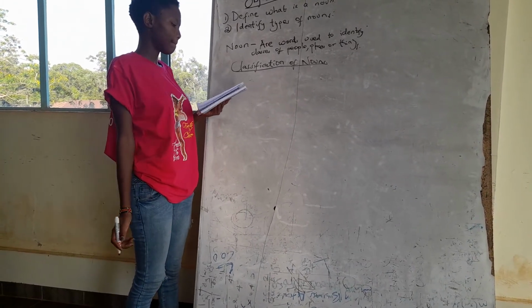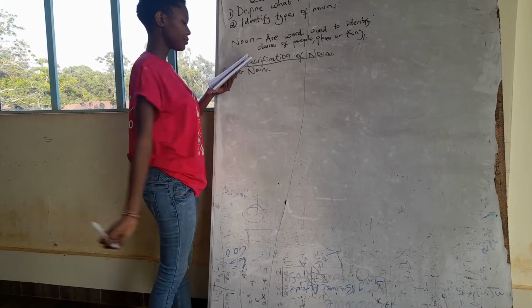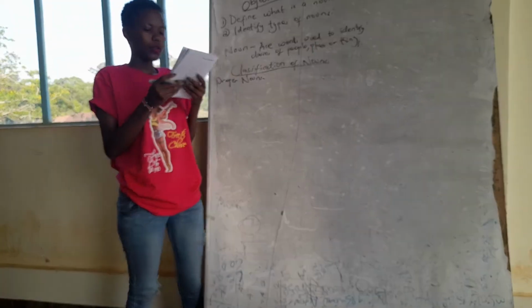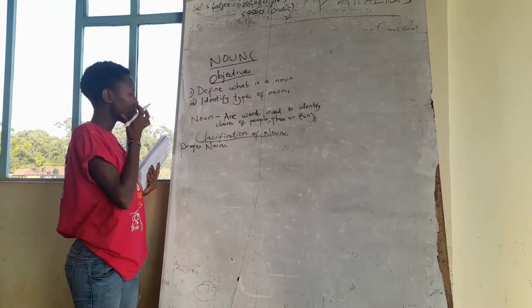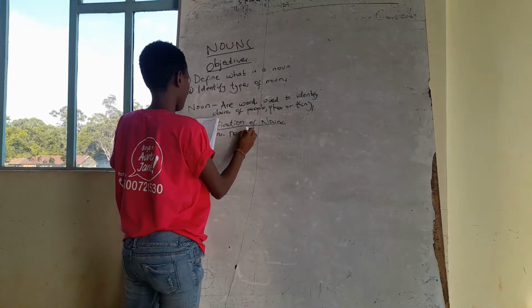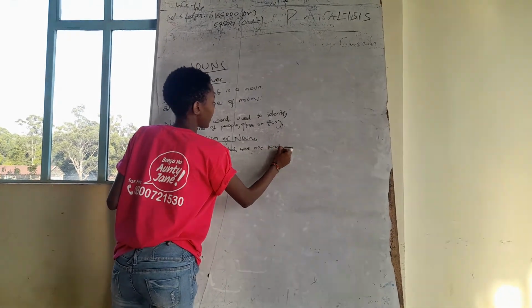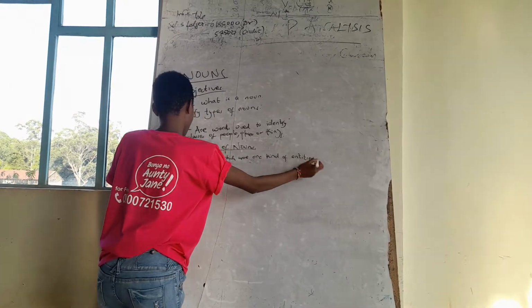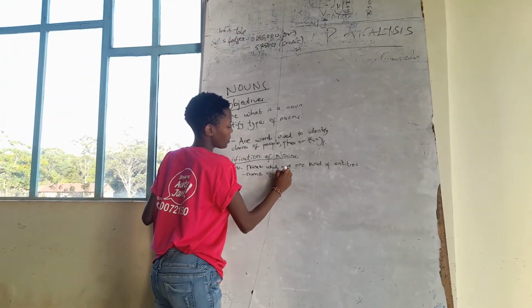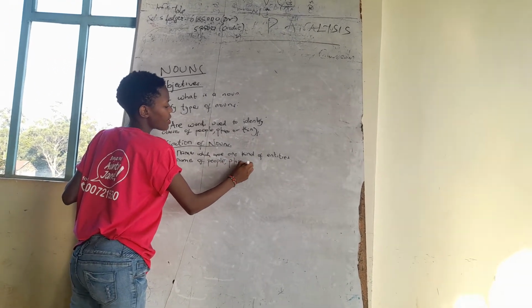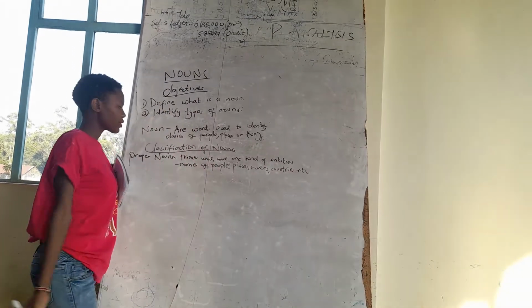We're going to begin with proper nouns. Proper nouns refer to words that name one particular entity, let's say names of people, places, rivers, countries, etc. In each I'm going to give examples.